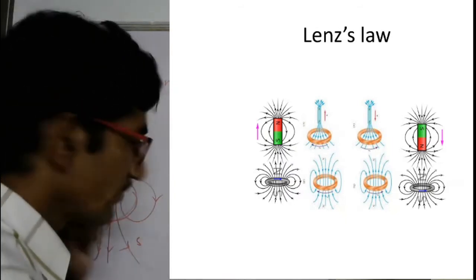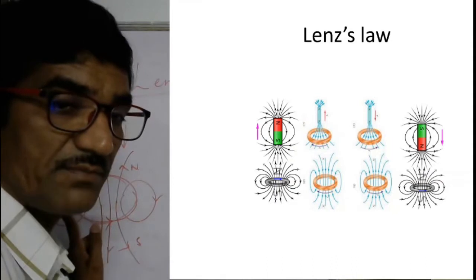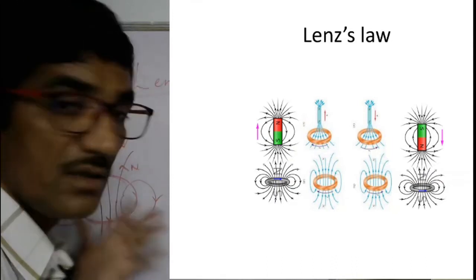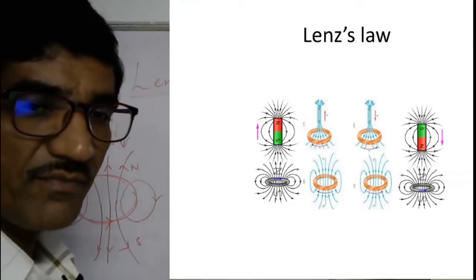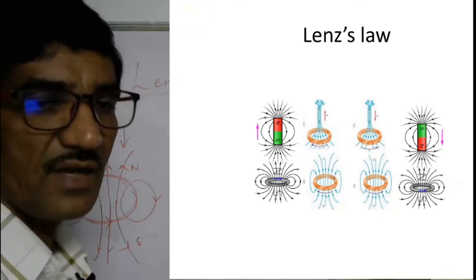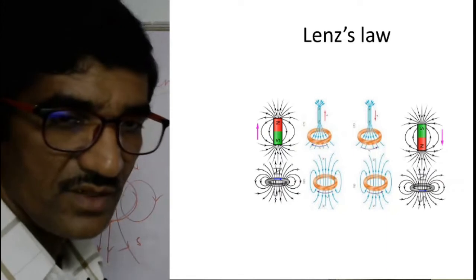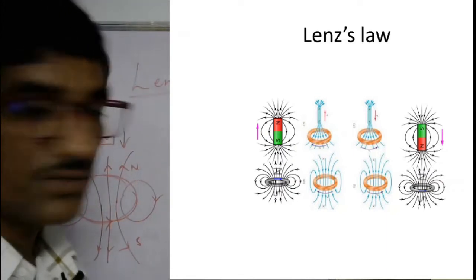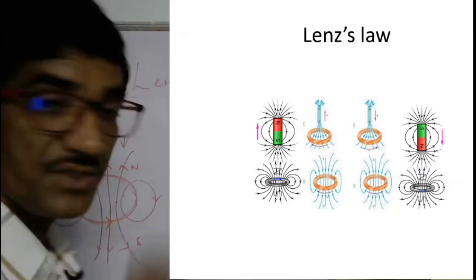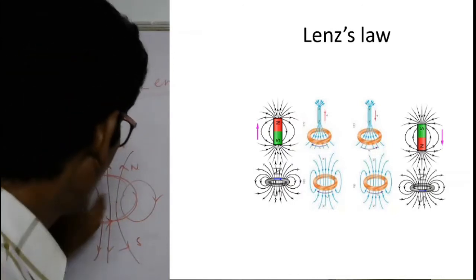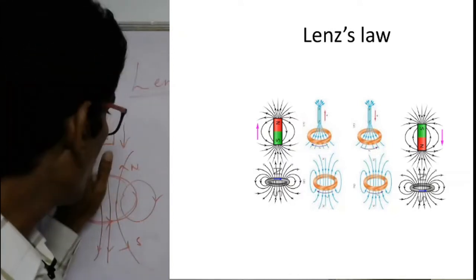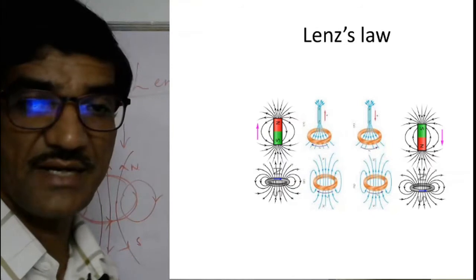But whenever the current is induced in this loop, the rise in the flux is stopped due to the direction of this induced current. Why? Because this tiny magnet is not allowing this magnetic pole to come inside of this ring.